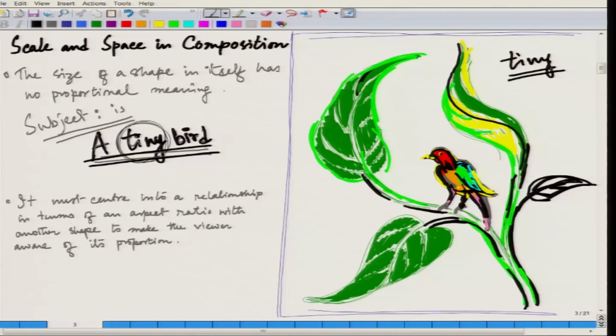So, this is how we can justify a proportion and also the proportion, the scale and the composition in terms of the compositional space it occupies. So, in our next lecture, we are going to talk about how to select the scale, how to choose the scale for the benefit of a better composition. So, the proportion, the comparative relationship, the aspect ratios of different shapes, different color proportion, they are all interrelated.